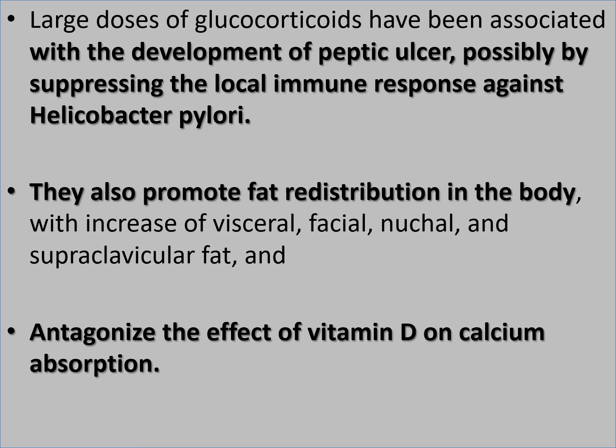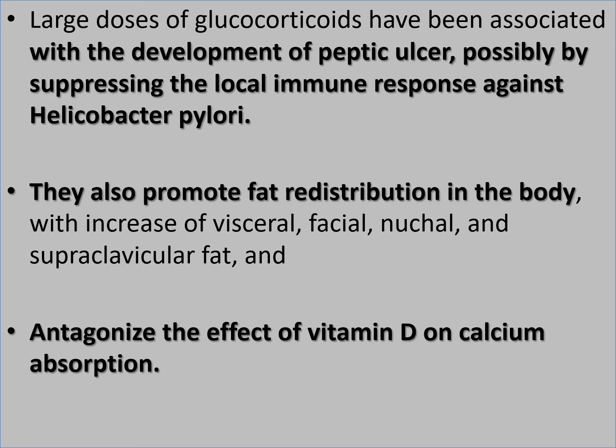Large doses of glucocorticoids are associated with the development of peptic ulcer. How? Possibly by suppressing the local immune response against the infective organism H. pylori.